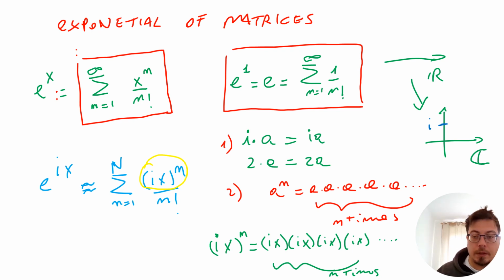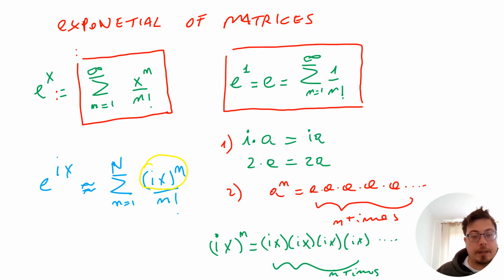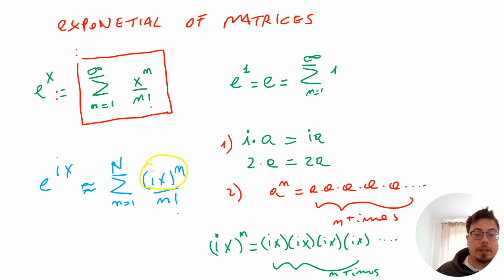I will give you the recap here. I erase the definition of e, since we already did a video on that, and then I will recap the multiplication of two complex numbers.